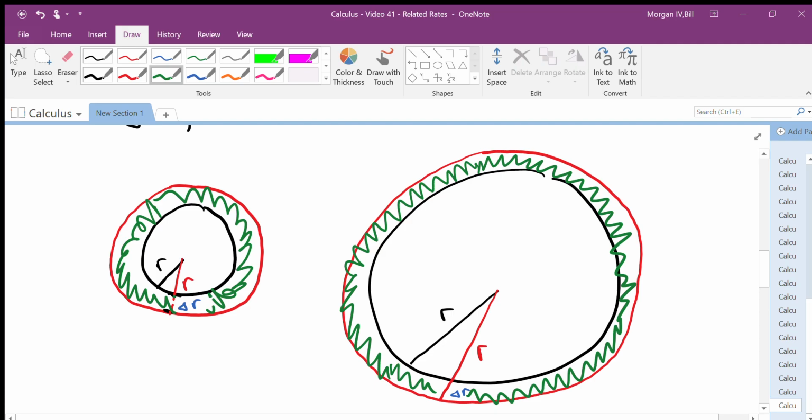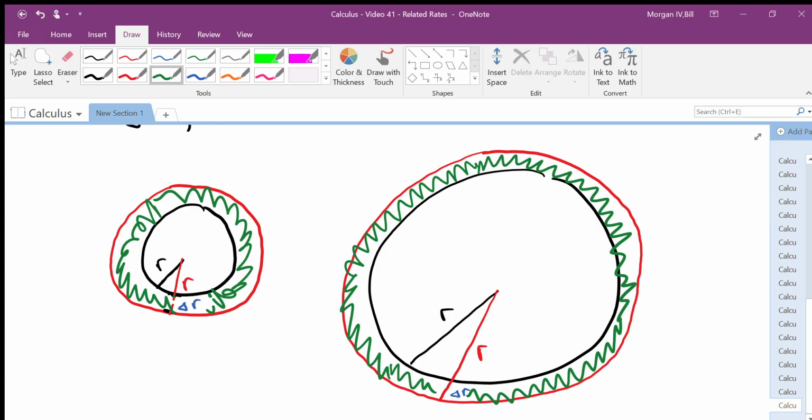And that's because the actual radius itself is larger. Even though the radius in both cases is changing the same amount over the same amount of time, because the original circle was larger on the right-hand side, when it changed by that amount, you actually get more change in the area.